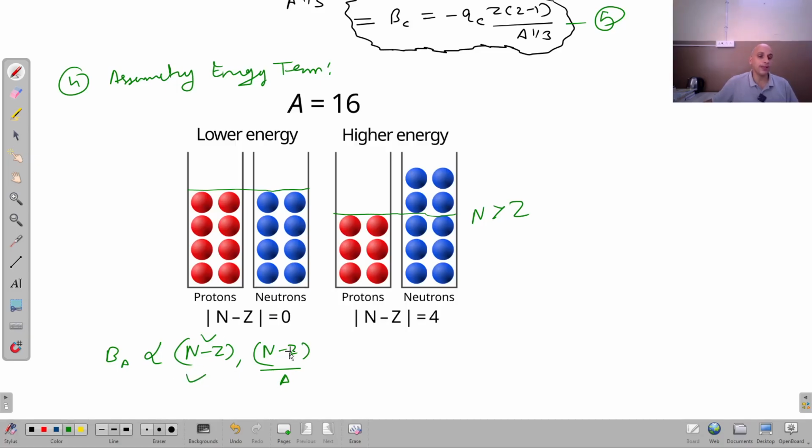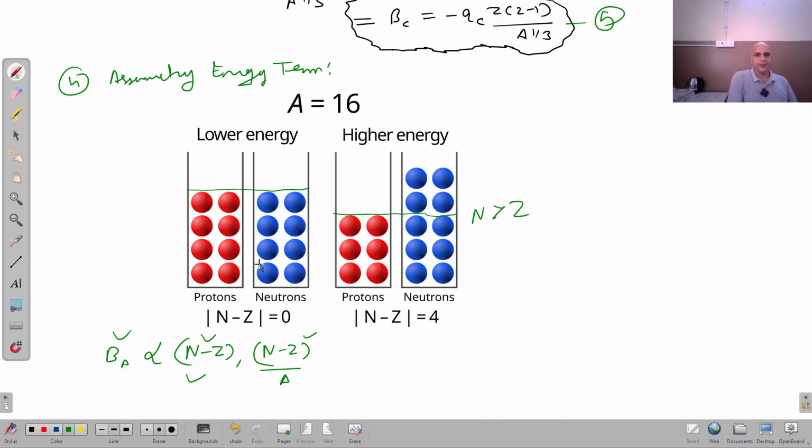So these are the 2 factors on which this asymmetry energy depends. One is the excess number of neutrons, and the second is the fraction of nuclear volume, right? The fraction of nuclear volume can be calculated. Total volume depends upon A, and the volume in which these excess neutrons are present depends upon N minus Z, right?